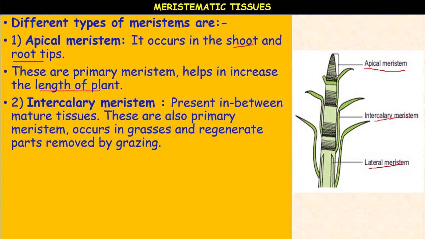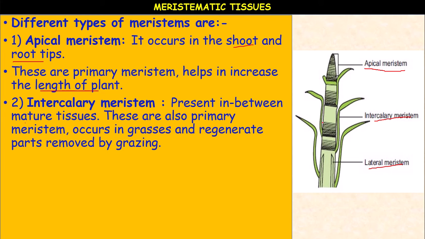Then intercalary meristem. The intercalary meristems are present in between the mature tissues. These are also primary meristems, occurring in grasses and regenerating parts removed by grazing animals. Okay. They are derived from the apical meristems.